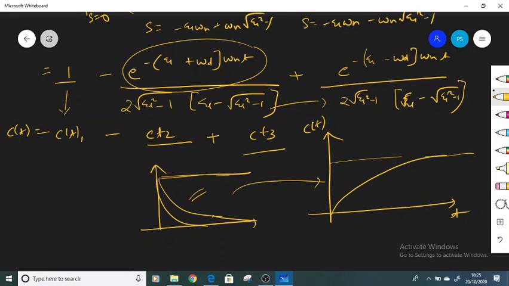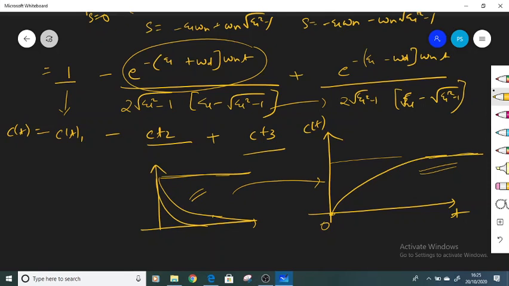And here also we have minus and plus, so the best way to analyze this is to take a few values of t: take it at t equal to 0, at t equal to infinity, and at some t value in between these two instants, and just visualize how this output is going to look. It will look like this only, because at t equal to 0 this is going to be 0.